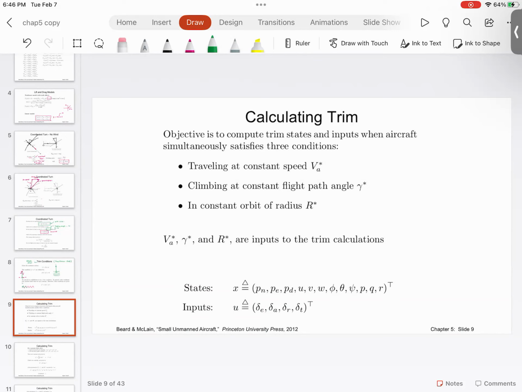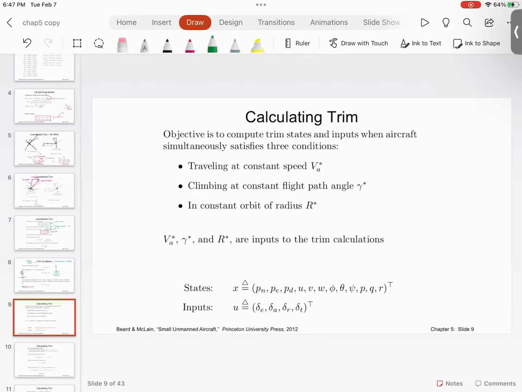Flight path angle is the aircraft angle with respect to the ground. So basically flying in a constant flight path angle and in a constant orbit of radius. Aircraft turning. So these are the flight conditions that we are going to use to find out the trimming. You cannot calculate the trim when aircraft is doing a sudden motion. You can only calculate the trim or the steady state when the aircraft is in steady state. So these are the steady states. Traveling speed at constant speed, climbing at constant path angle, and in constant orbit radius of R.